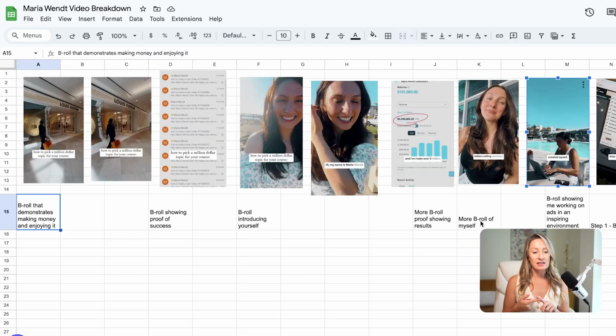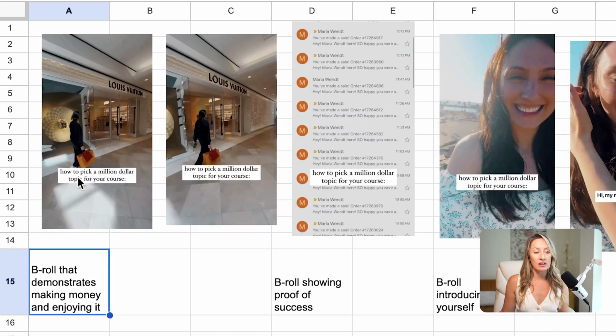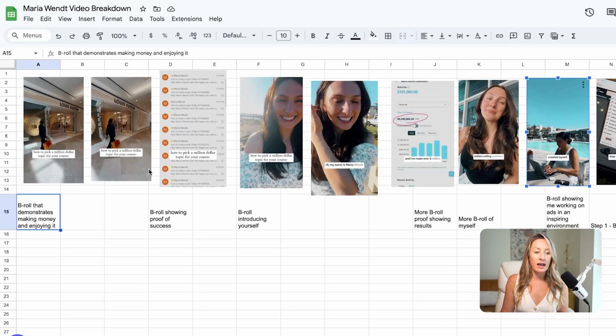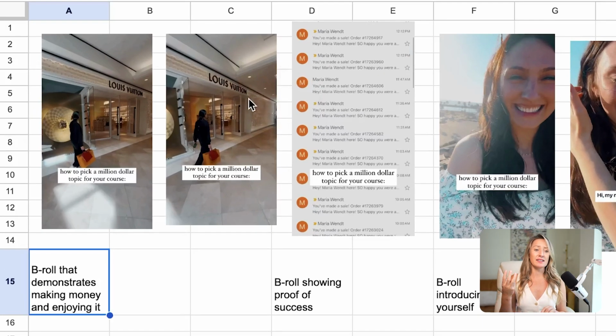By text, it can mean the text over the screen like she has here, but it also can be the script, where a lot of times you'll have subtitles up on the screen as you're reading through the script. So this one has both. In a way, it has three elements: the visuals of the video, the text over the screen, and the script. It's important to know what those three elements are and to assess what part each plays.